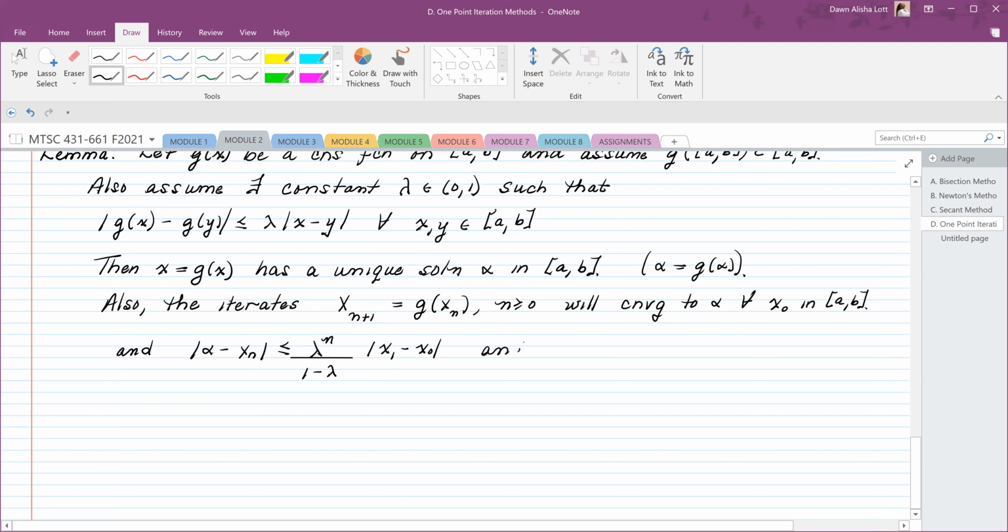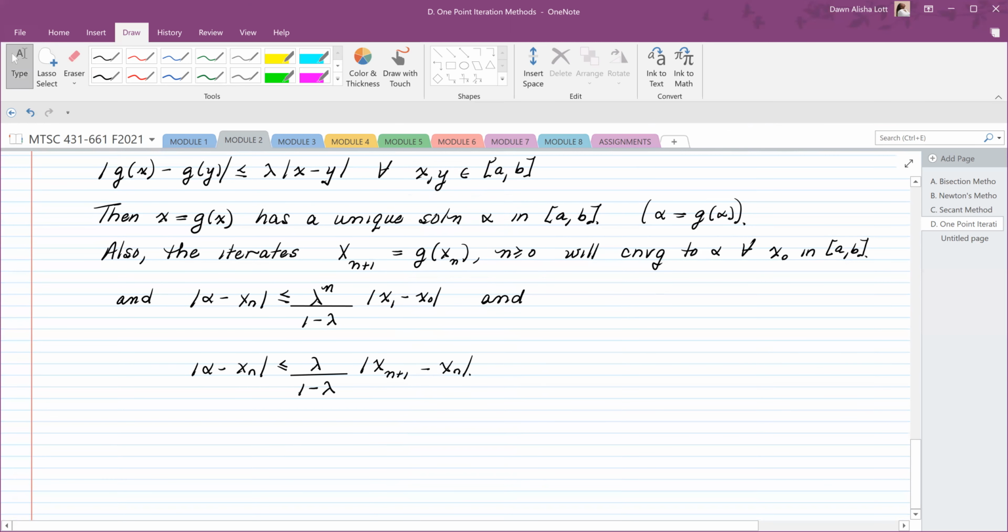And the absolute value of alpha minus x_n is less than or equal to lambda over 1 minus lambda times the absolute value of x_n minus x_{n-1}. Now, this is a hefty proof, it takes a while to prove, so I'm just going to let you know that the proof is in the book. I think it is. Okay.